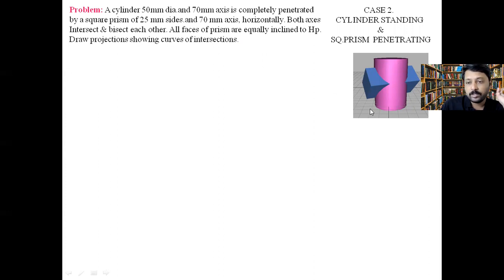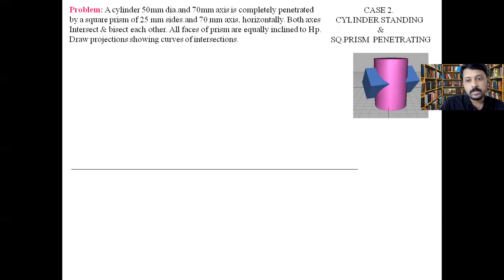So if this is the horizontal plane, as you can see in this diagram, these faces of the prism are not parallel but inclined to this particular plane. So this is the end result we have to find, and this curve of intersection is to be drawn using various drawing tools. So let us start.